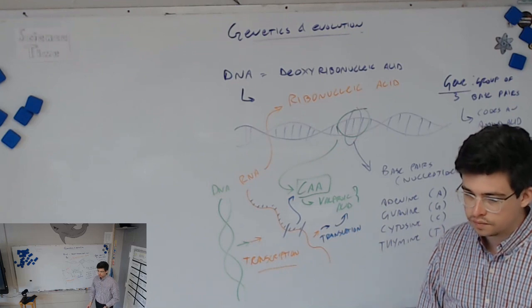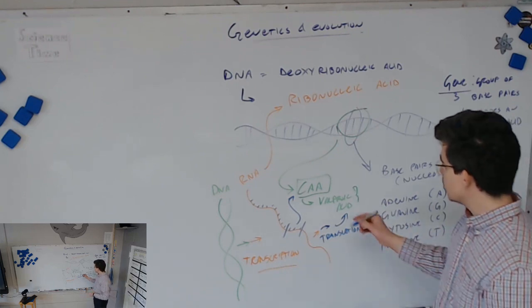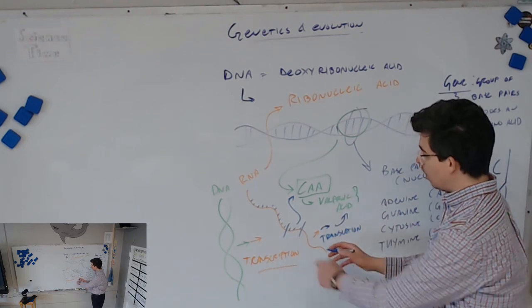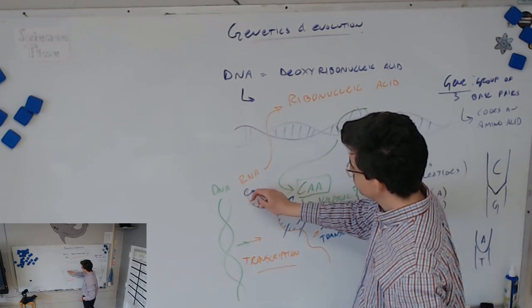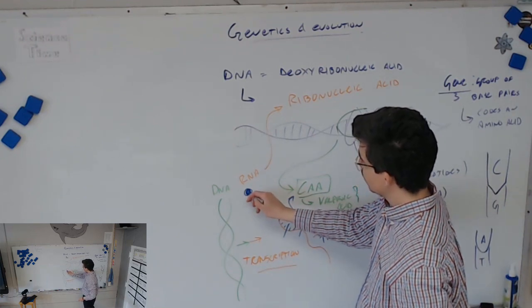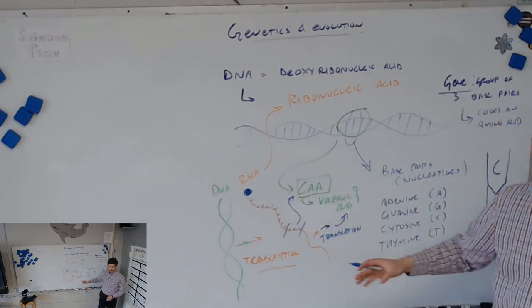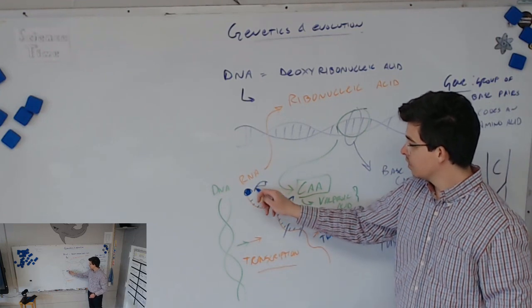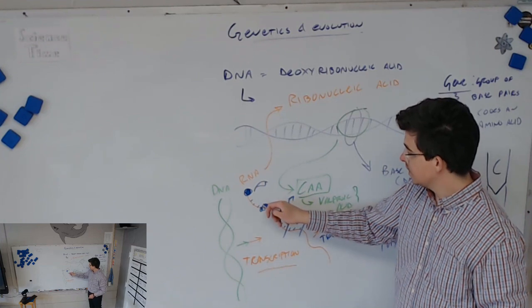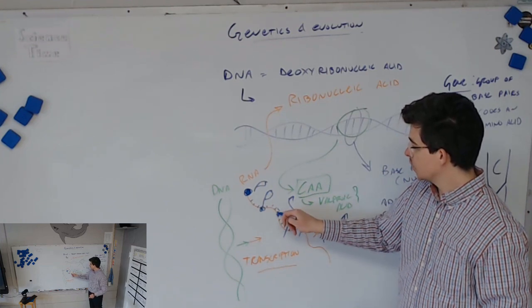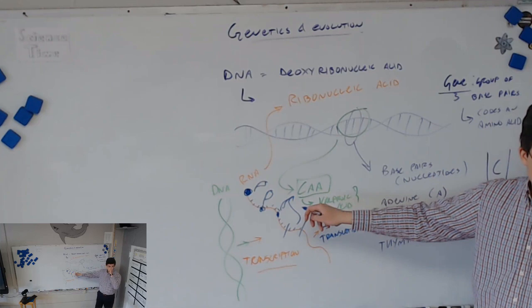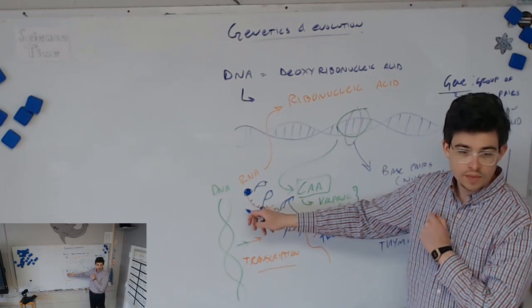What do they do after that? Good question. So next, there's a little thing up here that goes along. It's like a little factory, and it zips along the RNA, and as it goes along, it spits out whatever amino acid was coded for in that set of 3 base pairs, that gene.